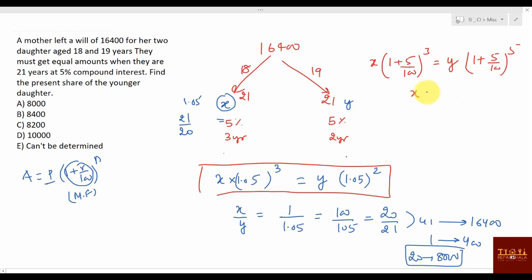Now can you say x equals y into 1 plus 5 by 100 raised to power 2? Same thing I have written there. I have just skipped 2 or 3 steps there, and actually I deserve to do that. What happened? 5 years, 2 years. Which one? Okay, this one is 2.